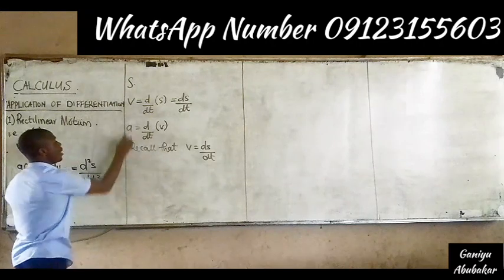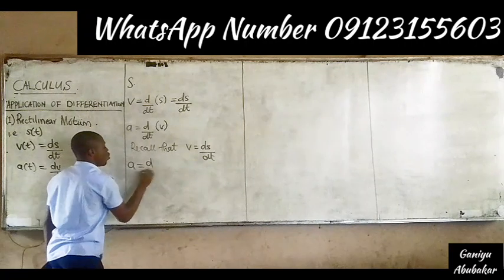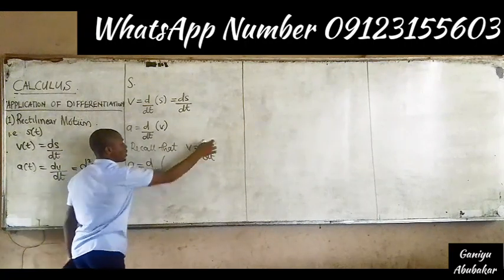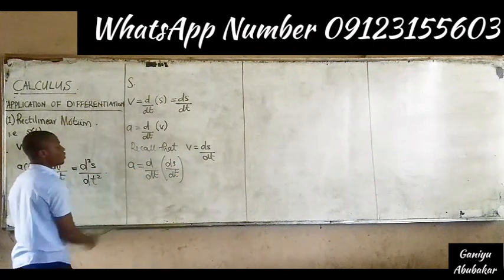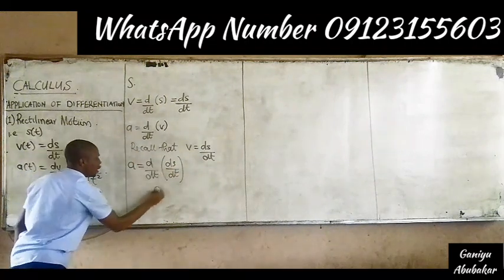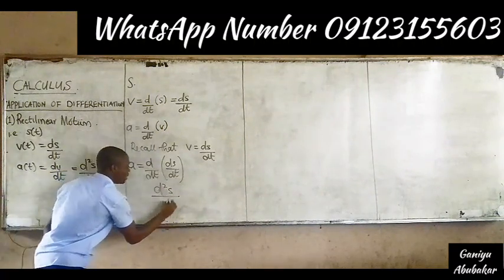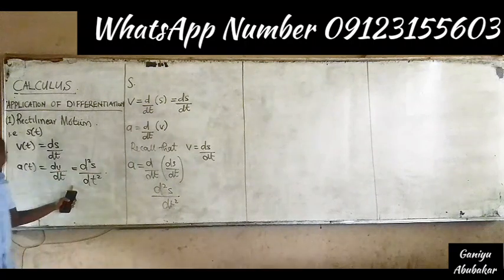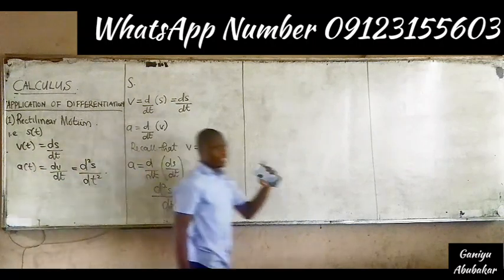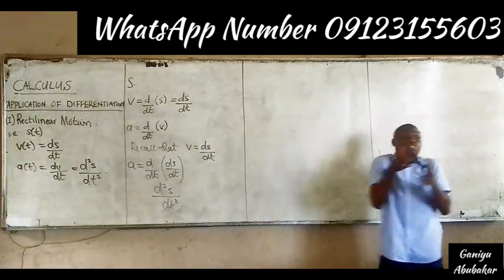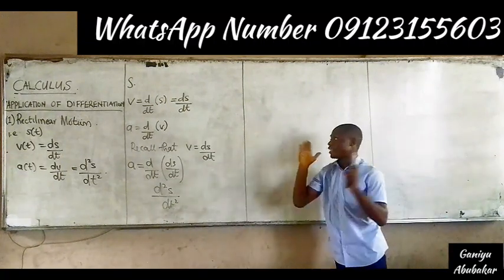In other words, acceleration can be written as d over dt of dx over dt, which is d squared x over dt squared. Any question? So just remember that rate of change simply means a parameter changing with respect to time. That's the concept.